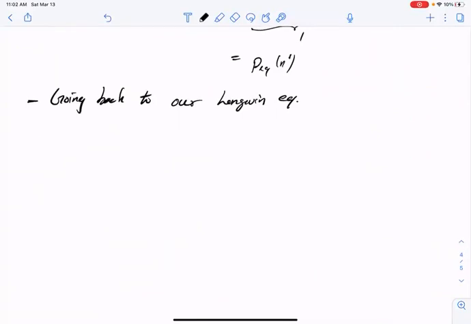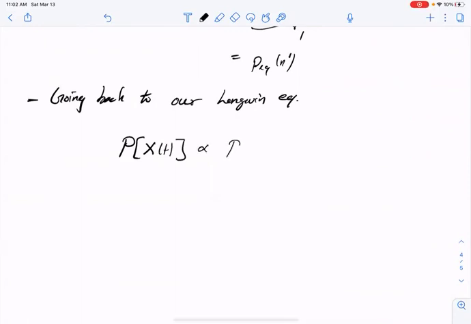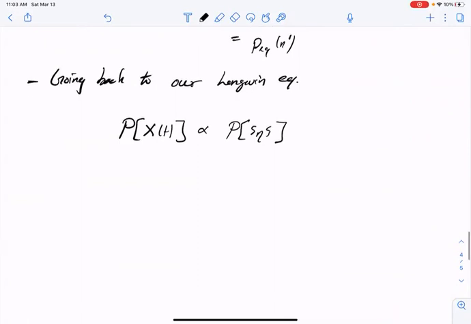So the probability of observing any trajectory should be proportional to the probability of drawing the right set of noises so that I see that trajectory. The probability of drawing a specific set of noises is just the probability that I draw that specific set from the Gaussian distribution.